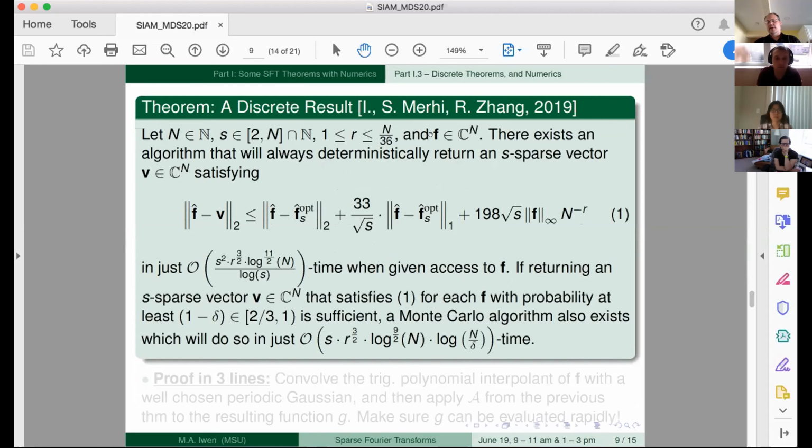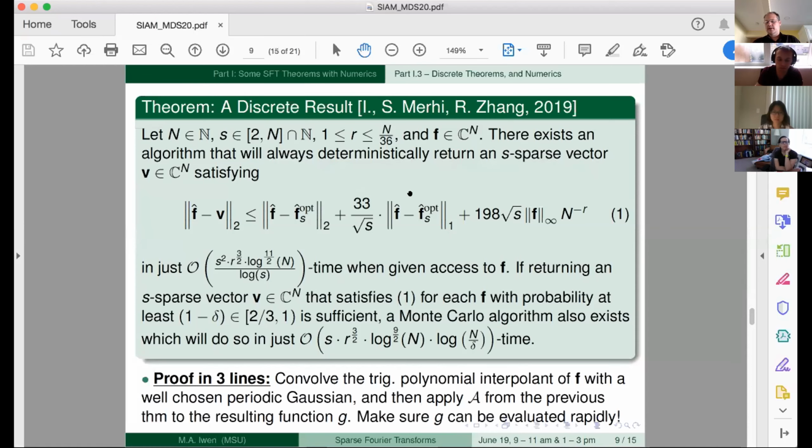If I have a discrete setting, I just have a list of numbers, f, and I want to compute the discrete Fourier transform of this list of numbers. I don't have a function at my disposal, but I can still use the prior results by adapting some unequally spaced sparse Fourier or unequally spaced FFT type of techniques to the problem in order to utilize the prior theorems and get entirely discrete results that have similar best S-term approximation guarantees.